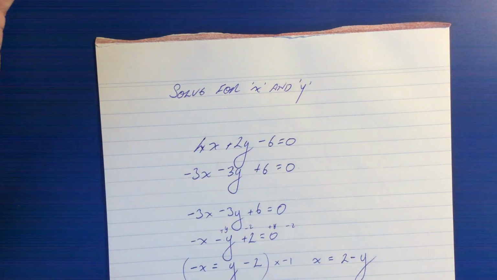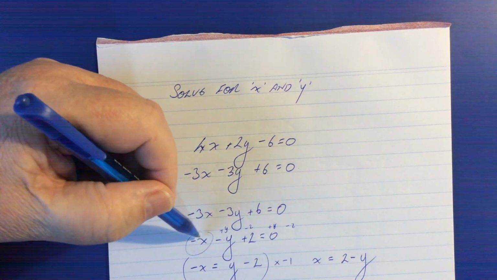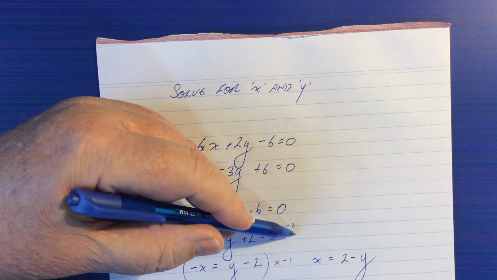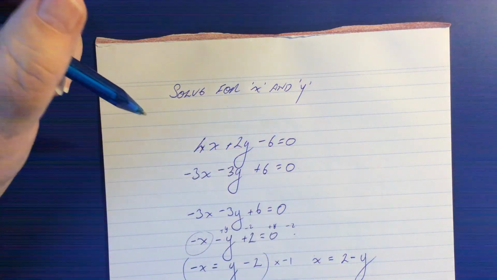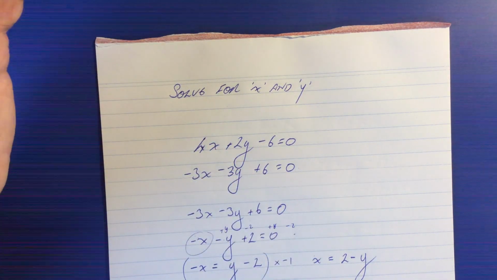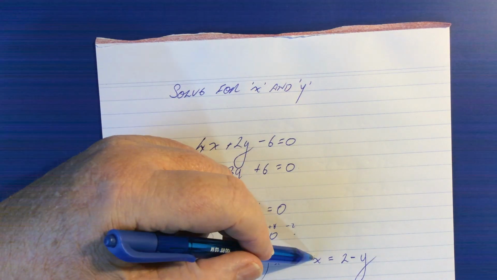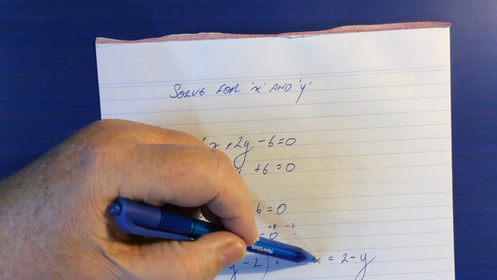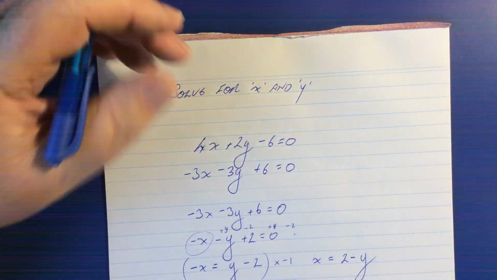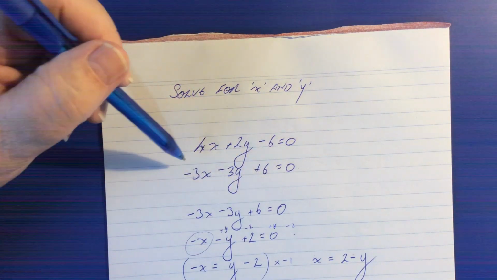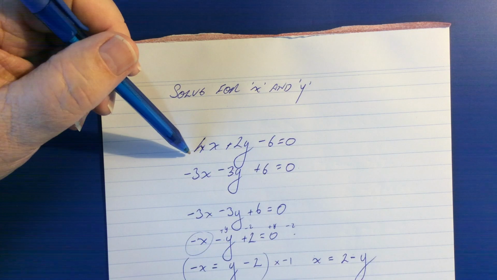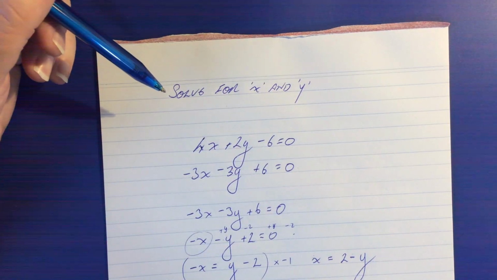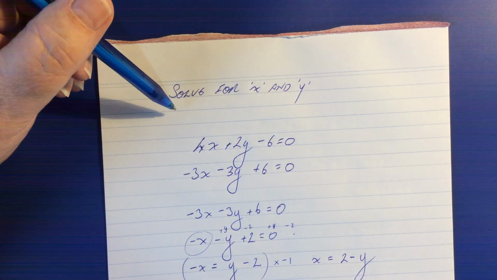Now, we could have done this another way. I could simply have moved this x over to this side of the equation, and I would have got this. Now, what I have is an expression for x in terms of y. And so what looked like a prime candidate for elimination is in fact something that you can solve using substitution.